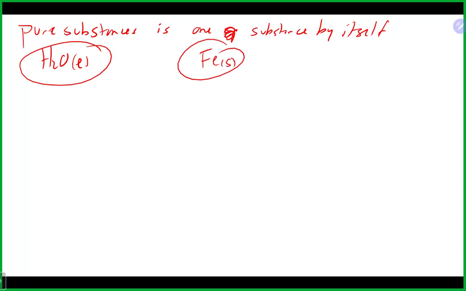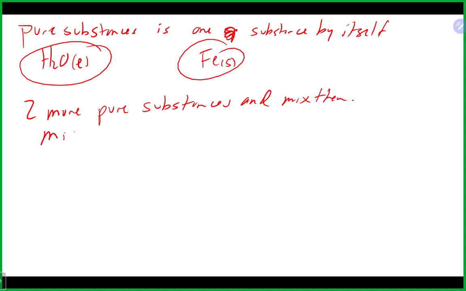Now, when you take two or more pure substances and you mix them, you get a mixture. One of the important things to remember again about a mixture is it is actually a physical change. So, what that means is what you start with and what you end with are still the same.